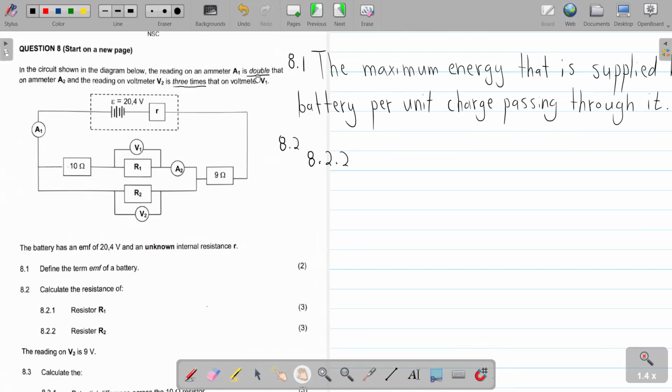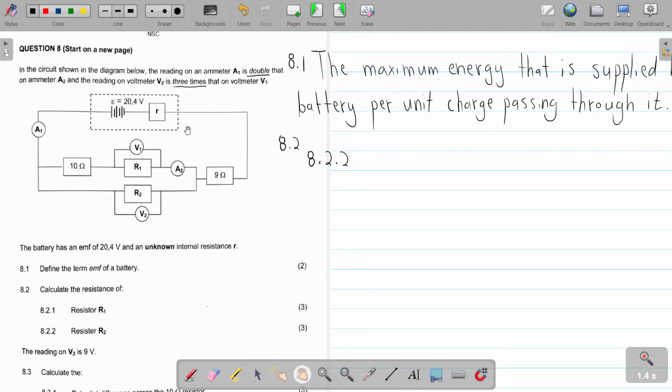So A1 is double and V2 is 3 times. V2 is here, it is 3 times that one. A1 is here and it's double A2.